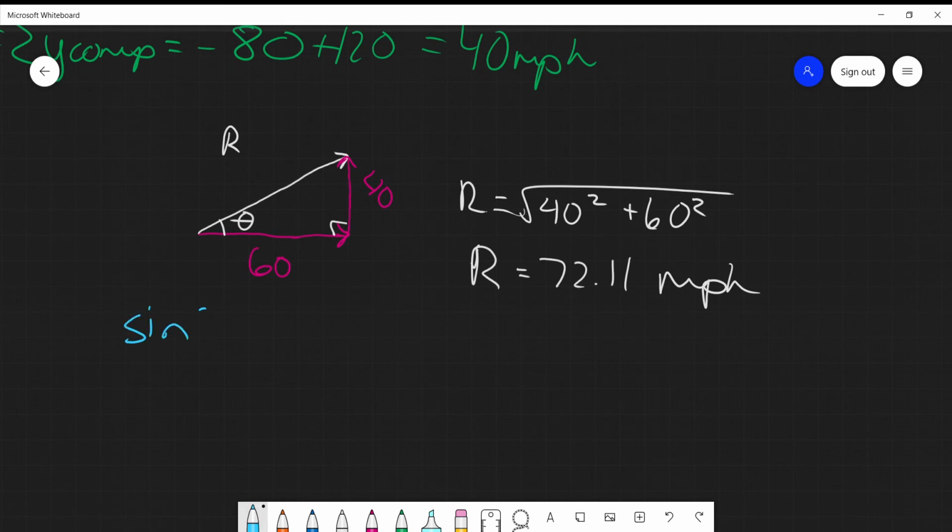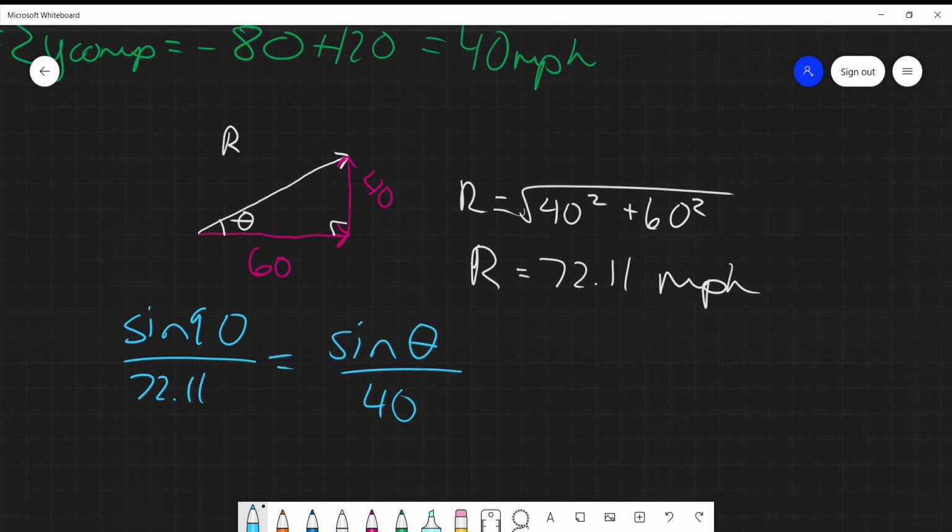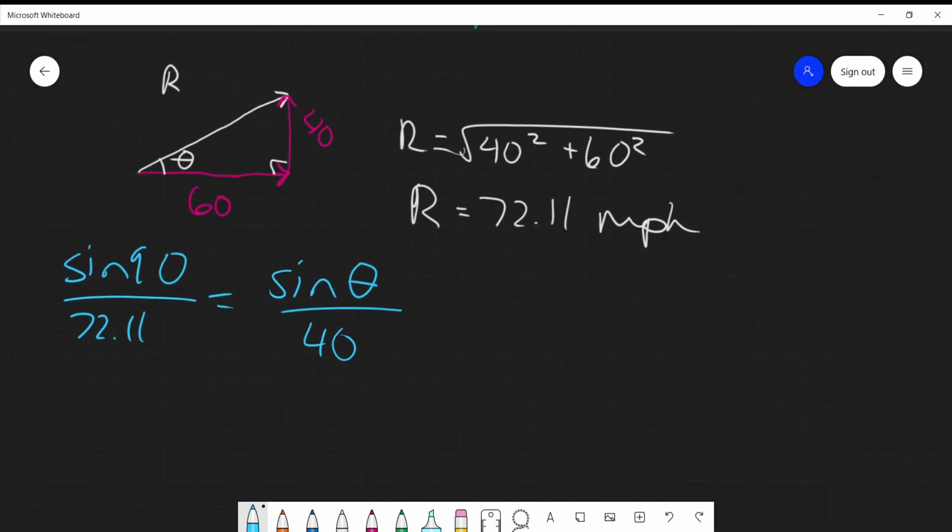So sine of 90 divided by 72.11 equals the sine of theta divided by 40, because 40 is opposite of theta.